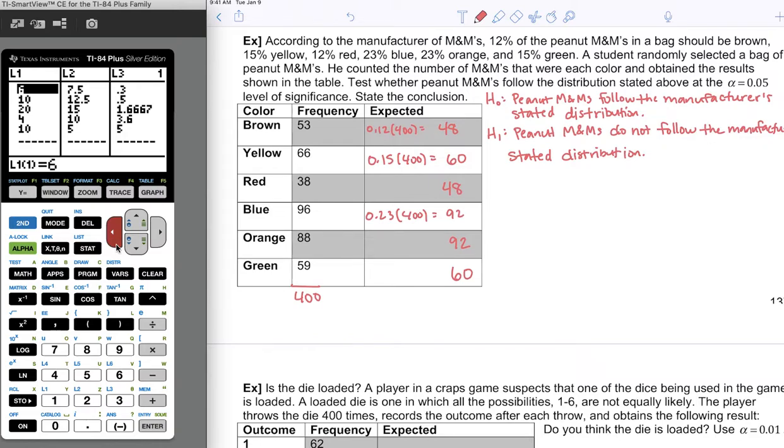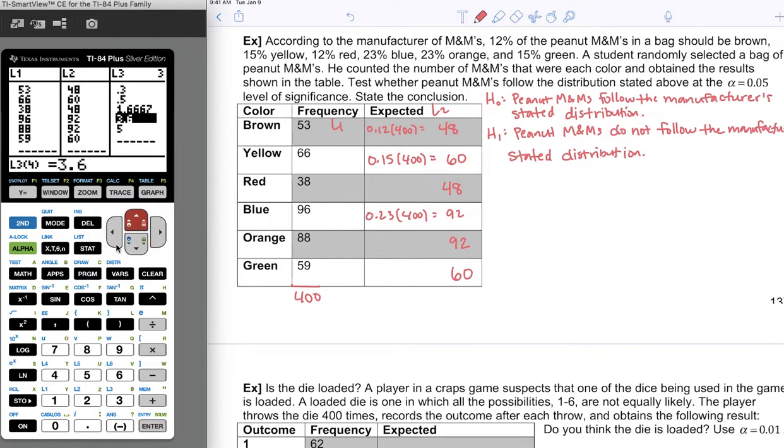So here are my frequencies, which are my observations, going into L1: 53, 66, 38, 96, 88, 59. Then my expected counts go into L2: 48, 60, 48, 92, 92, 60.